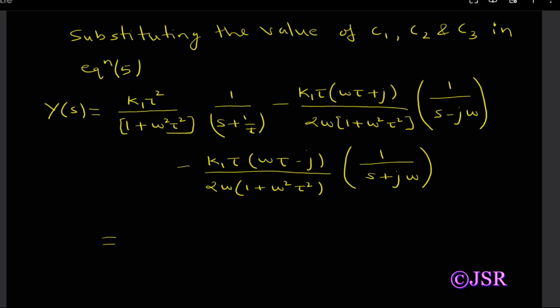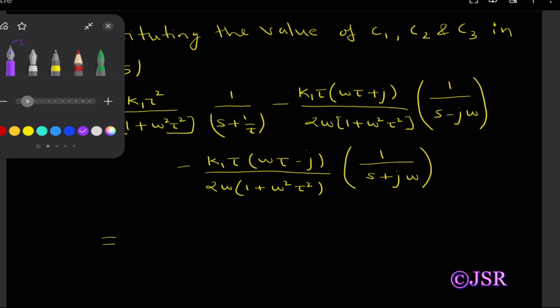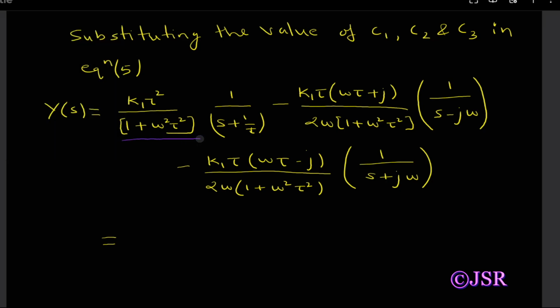So we can further simplify this. In the denominator we have this common term, 1 plus omega square tau square, and in the numerator we have k1 tau.